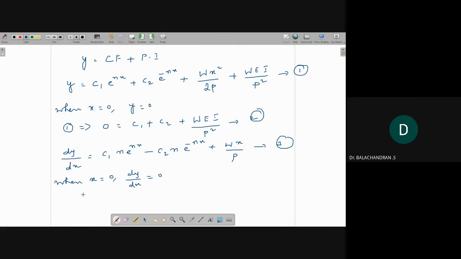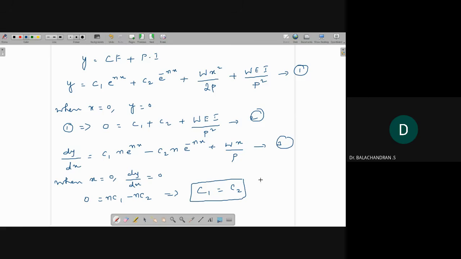Apply the condition here: 0 equal to nC1 minus nC2. This is 0. This implies n, n gets cancelled, C1 equal to C2. So you got C1 equal to C2.